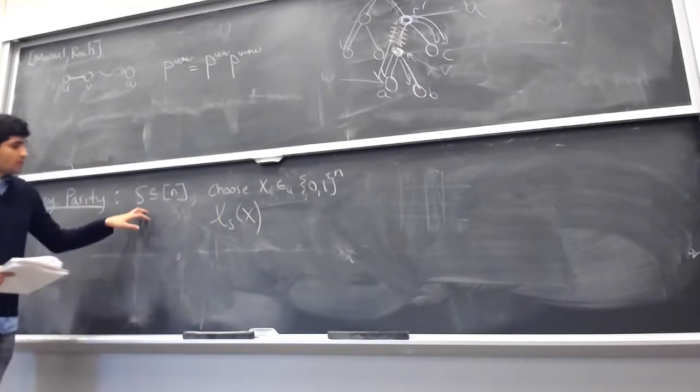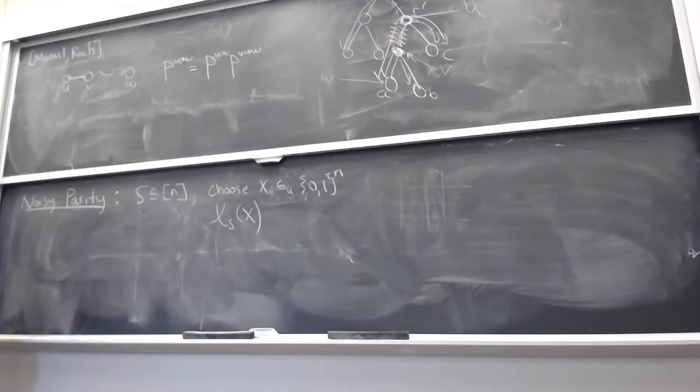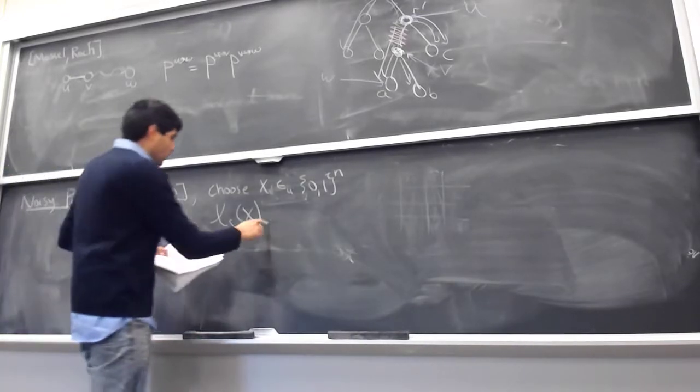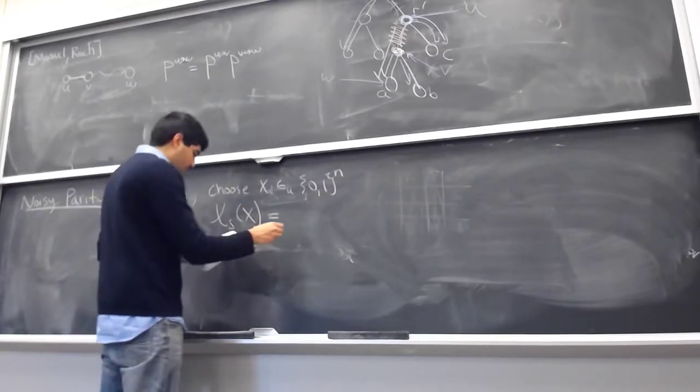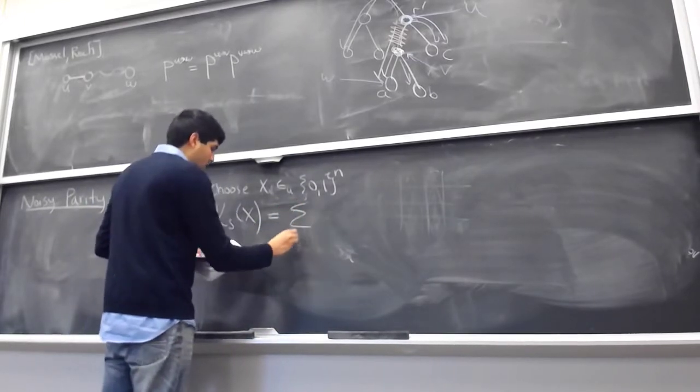And there's some hidden parity on some S nodes. What we care about is trying to recover this hidden parity. So let me think about a simplified case first.